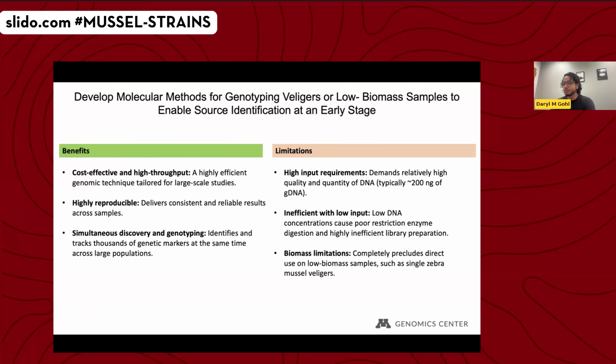It delivers consistent results across samples and tracks thousands of genetic markers across large populations. However, this technique requires high quantities of genomic material, and it is inefficient with low input DNA, which leads to poor library preparation for sequencing. And this precludes its direct use on low biomass samples, such as zebra mussel veligers.